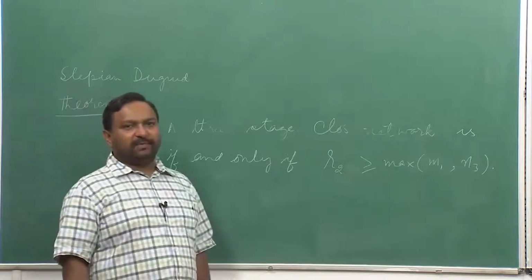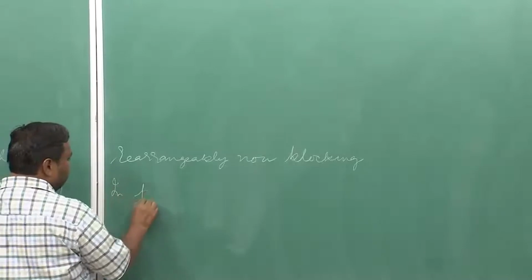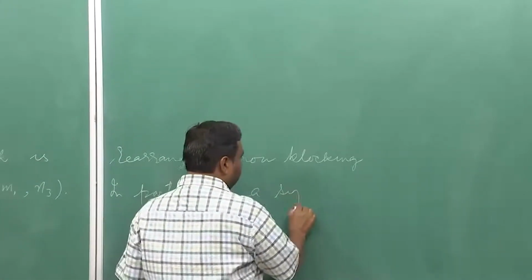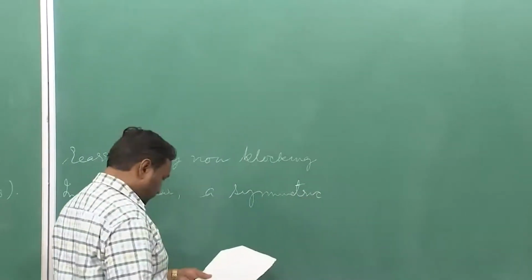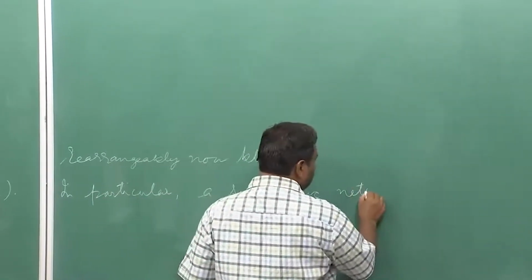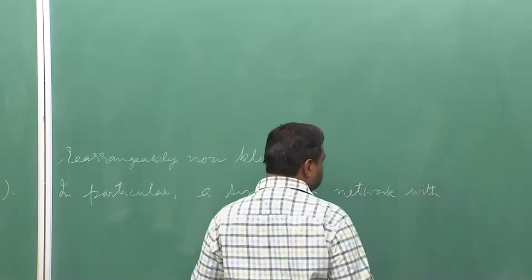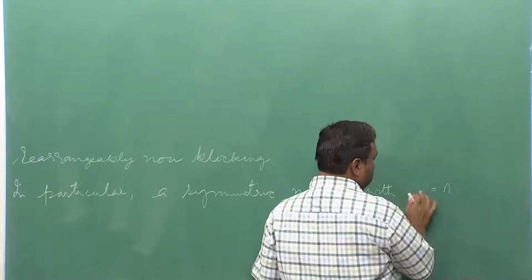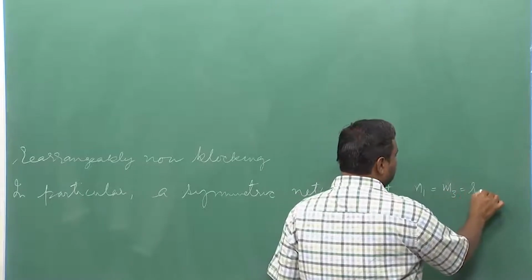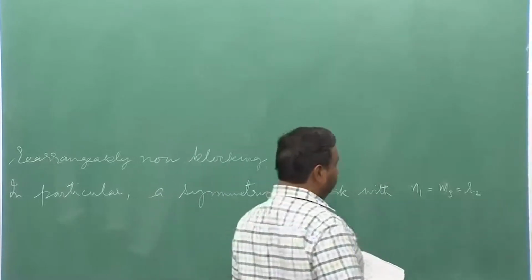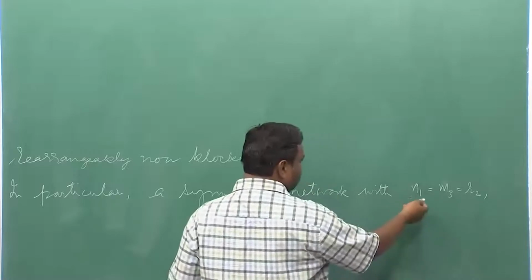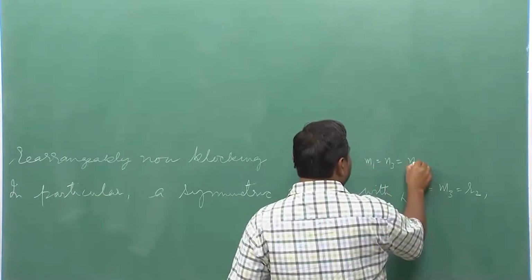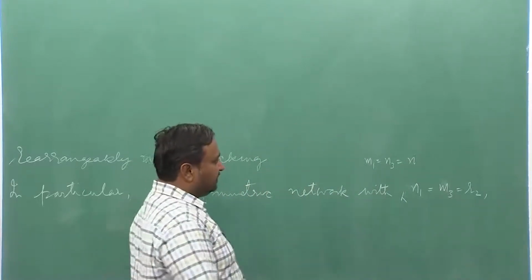Now, there is a particular case when the switch is symmetric. So, I can further add, in particular, a symmetric network with N1 equal to M3 equal to R2, and another condition is M1 equal to N3, which we define as N. So, this is a condition for symmetricity.